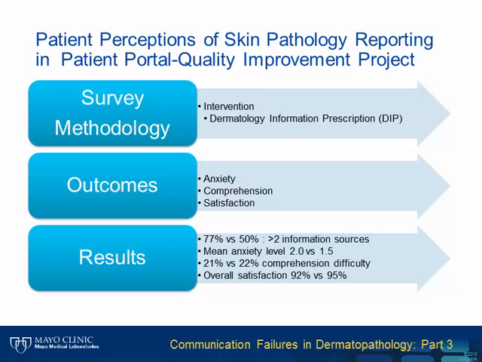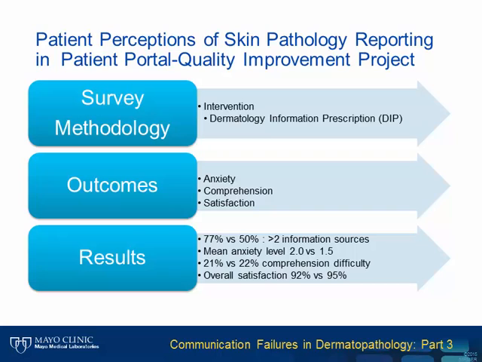Despite overall high levels of patient satisfaction with report review in the patient portal before and after the intervention, respondents endorsed difficulty with comprehension of medical terminology in the report, anxiety with report review, and need to access multiple additional information sources to facilitate comprehension of the report. 77% of respondents pre-intervention, as compared with 50% of respondents post-intervention, cited the need to visit 2 or more additional information sources to obtain explanations of complex medical terms in the report.